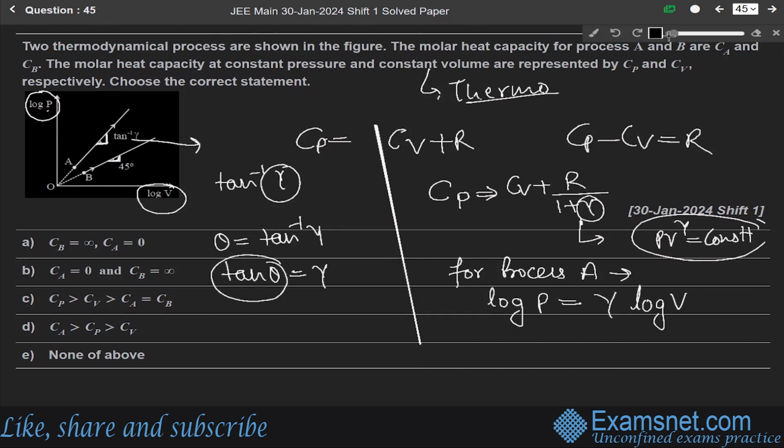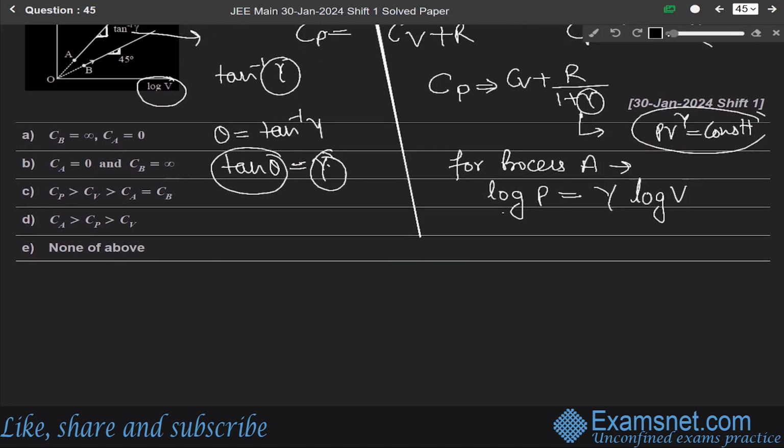Since we know Y equals mx plus C, m is the slope, and here the slope is gamma, so we write log P equals gamma into log V. So from this we can write PV to the power minus gamma equals constant, according to this graphical representation.